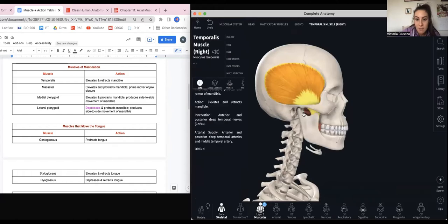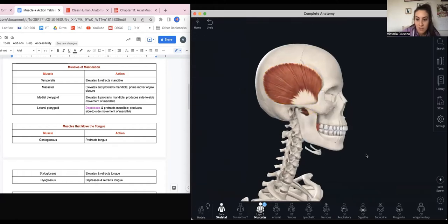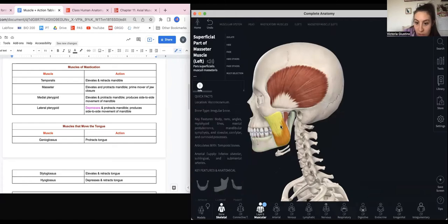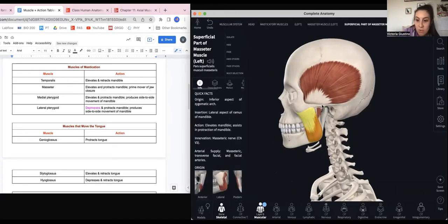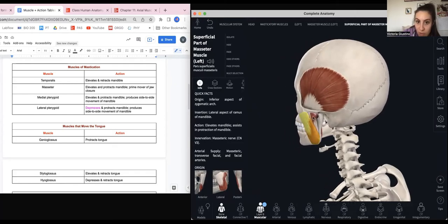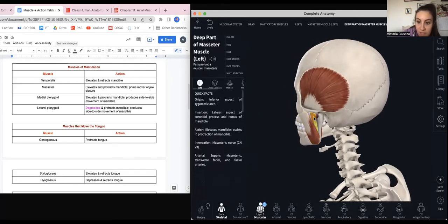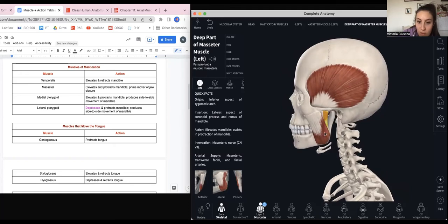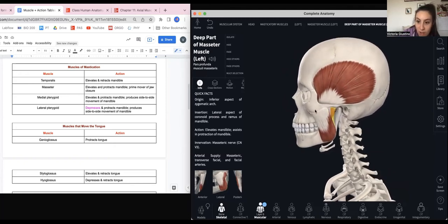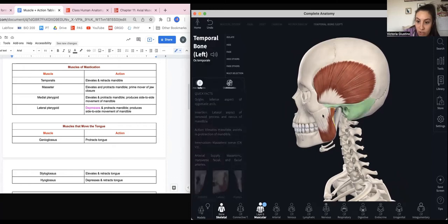And then our next masticatory muscle besides the temporalis is actually, I'm just going to show you it on this side. As you can see, this one is superficial to your mandible, the masseter muscle, and you have a superficial part and then this deeper part right here. For your masseter, it's going to originate on your zygomatic arch over here.